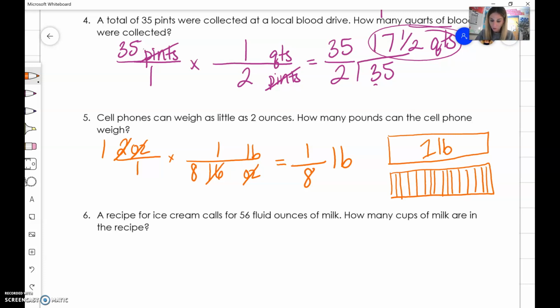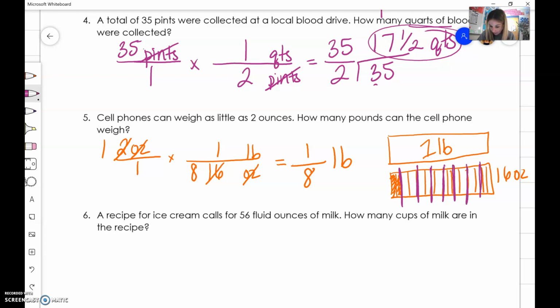Okay, so 16 ounces. But I want to know what is 2 ounces of that. That is, if we were to divide this up into eighths, that would be every 2.